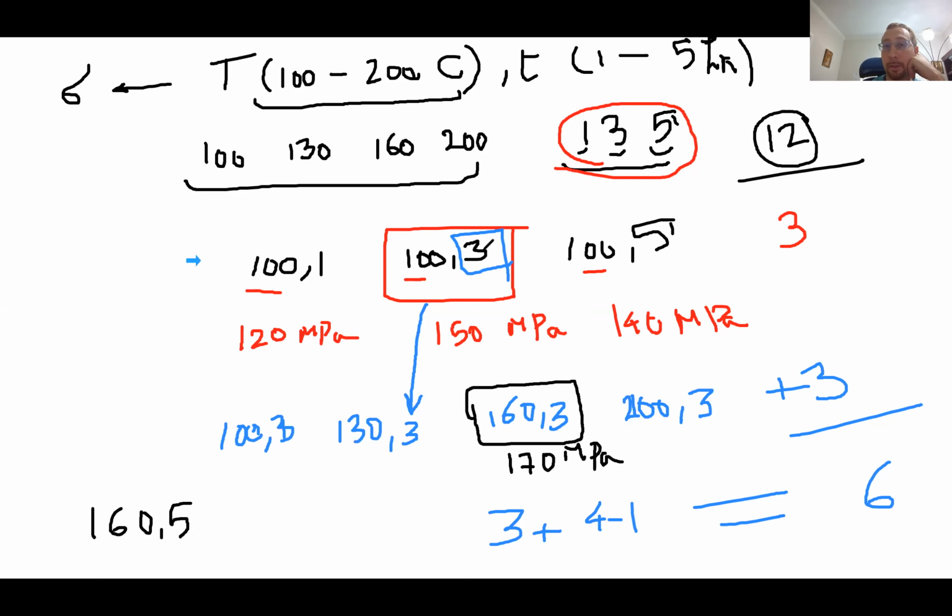Although 3 hours is the best for 100 degrees, maybe at 160 degrees, if you heat it for 5 hours, you can get a strength of 180 megapascal.